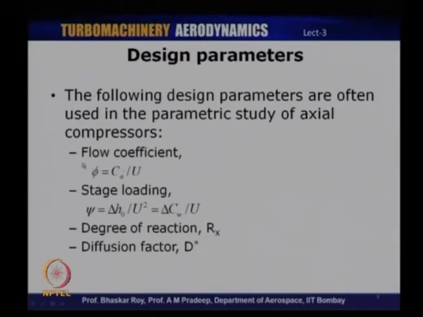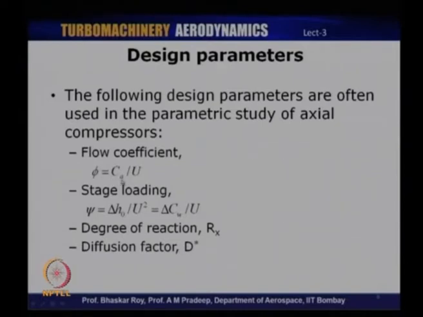The significance of this parameter is that flow coefficient is in some sense a non-dimensional form of the mass flow rate. That is primarily because for a given blade speed, as flow coefficient changes, it also tells us that there is a change in mass flow rate, because mass flow rate is directly a function of the axial velocity.